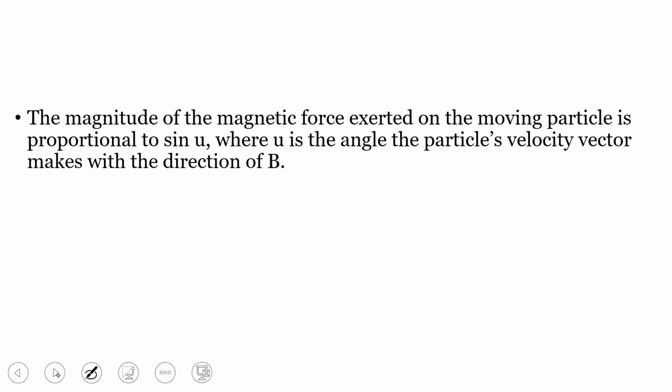So the magnitude of the magnetic force exerted on a moving particle is proportional to the sine of the angle that the particle velocity vector makes with the direction of the external magnetic field. So when it says proportional to the sine, with the angle between the direction of motion of the charged particle and the magnetic field vector, let's say the angle is theta, you get the maximum at what angle?